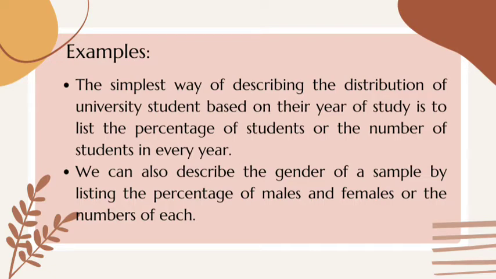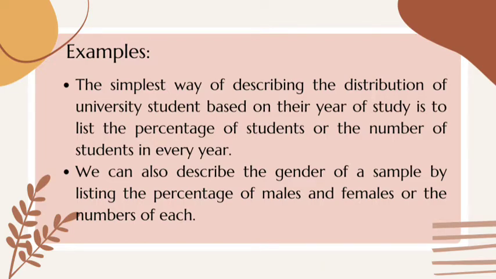We can also describe the gender of a sample by listing the percentage of males and females or the number of each. In such cases, the variables involved are quite few such that we are in a position to comfortably list all of them and make a quick summary of the numbers involved in each value.